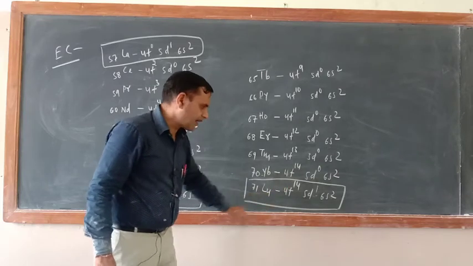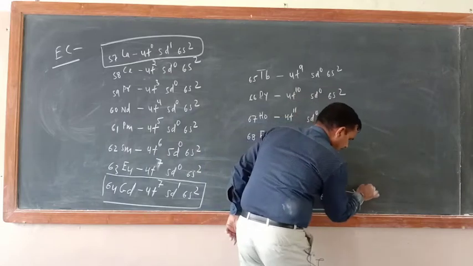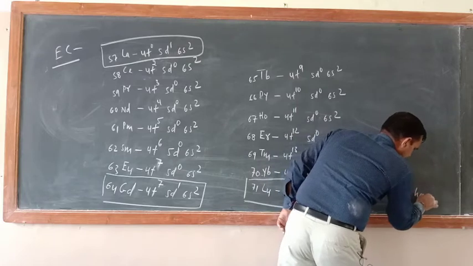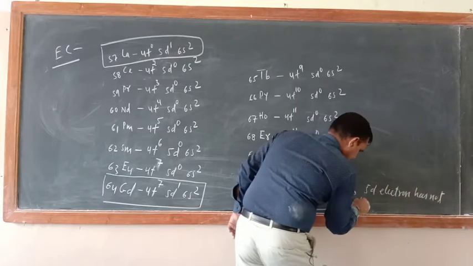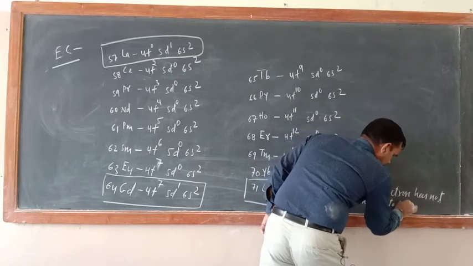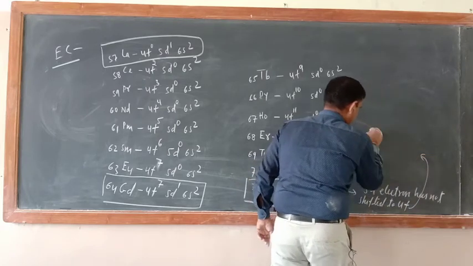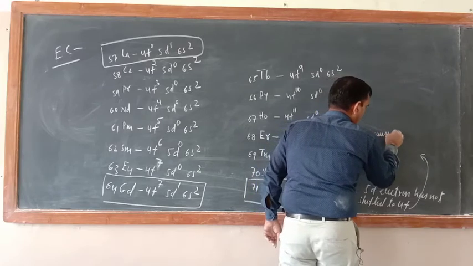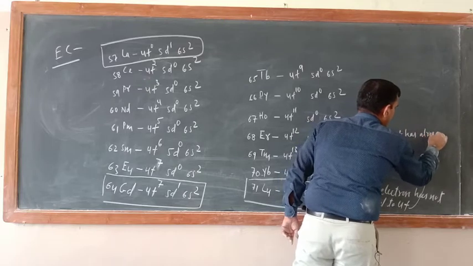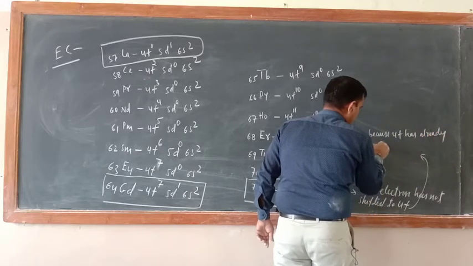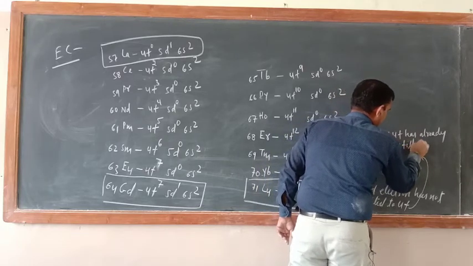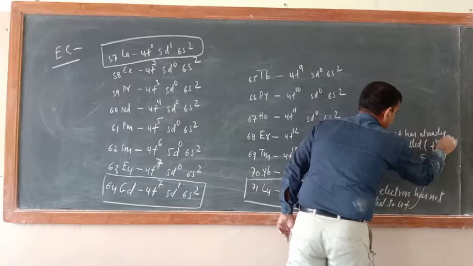That is why I will write here: 5d electron has not shifted to 4f because 4f has already completely filled, bracket f14 state.